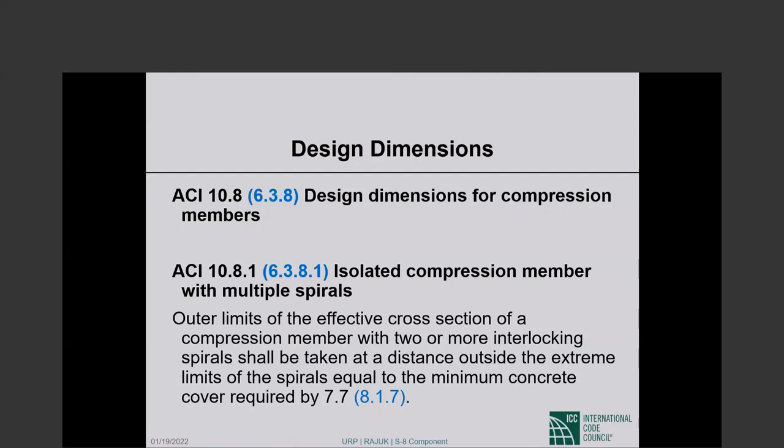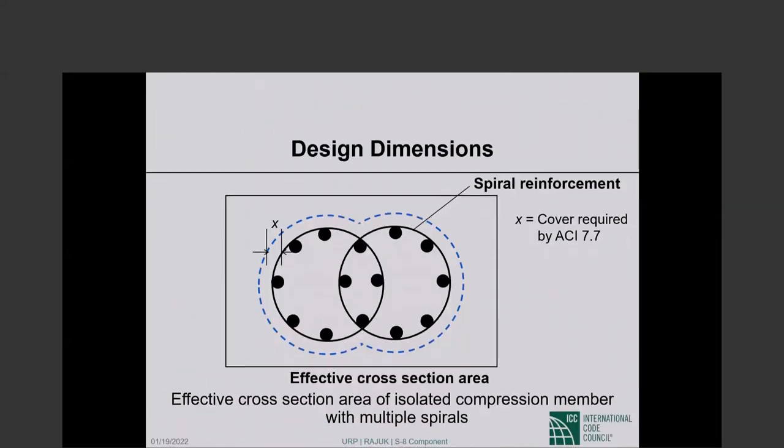Okay, design dimensions of compression members. Here, instead of reading a couple of things, if you have this kind of a column, I don't know how often you might have that, the effective cross-section can be taken as the one drawn in blue.